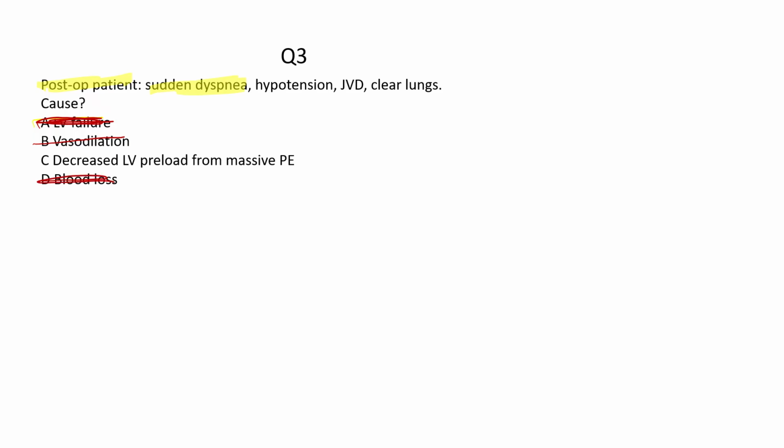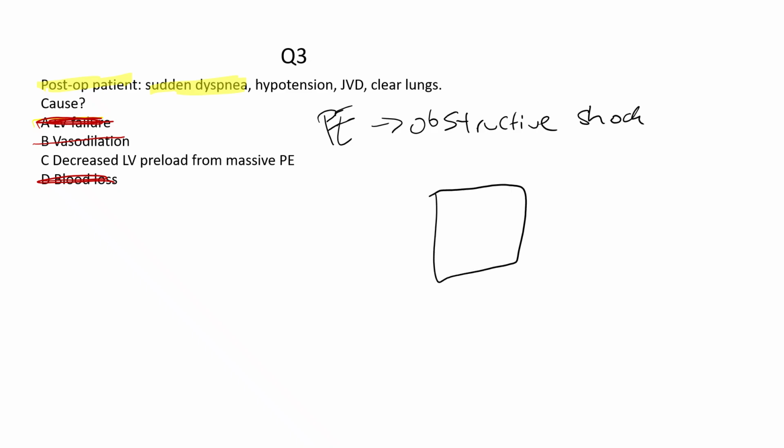So choice C is the right answer, but let's talk about it in a little bit more detail. A PE is a type of obstructive shock. What that means is you have some sort of obstruction, in this case the embolism that's causing the shock, right? So if you draw your heart again, you have your right atrium here, your right ventricle here, your left atrium here, left ventricle here.